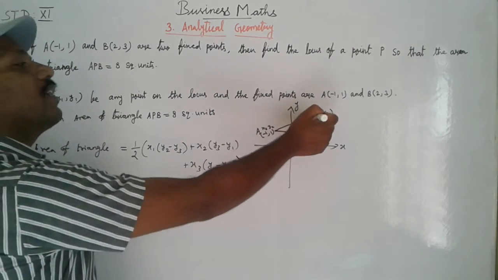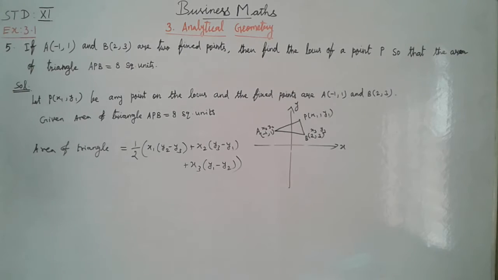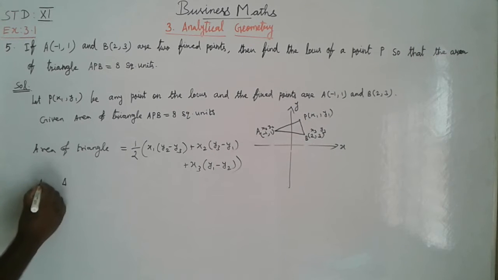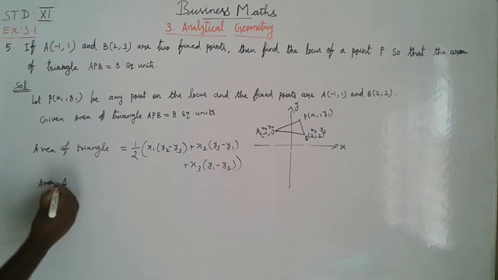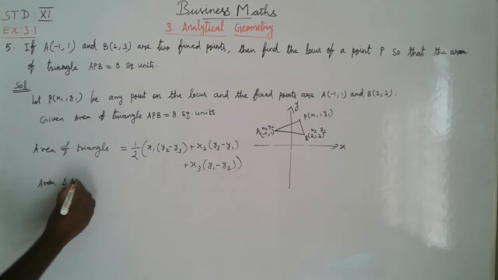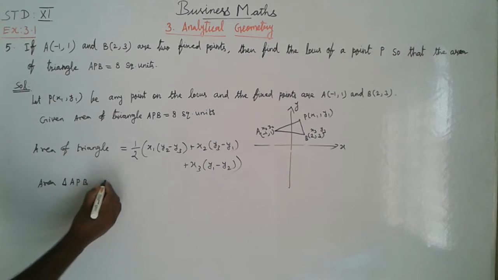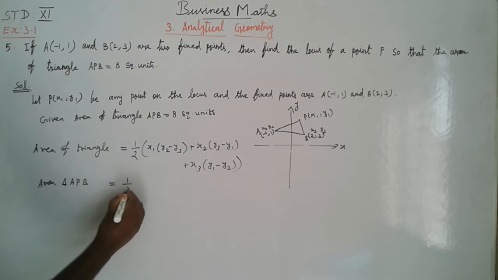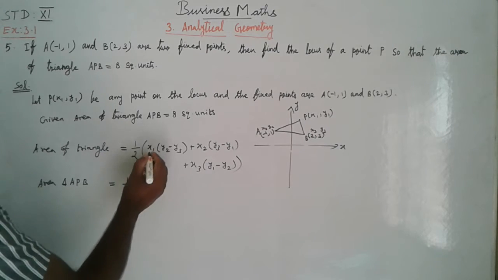The moving point we should take as P of (x1, y1). A and B are fixed points. So we should substitute. Area of triangle APB is given equal to 1 by 2 into its value.